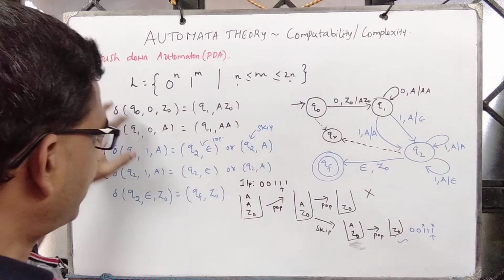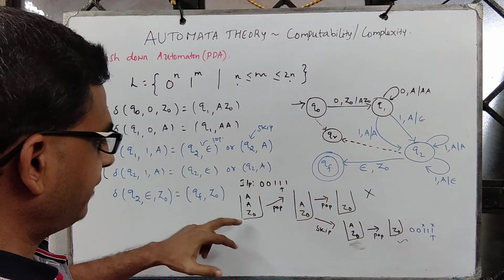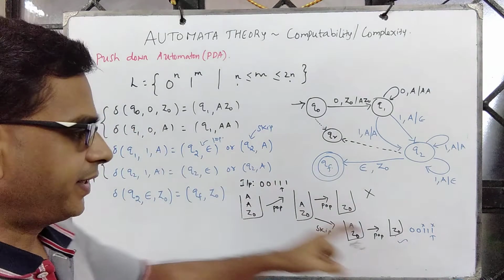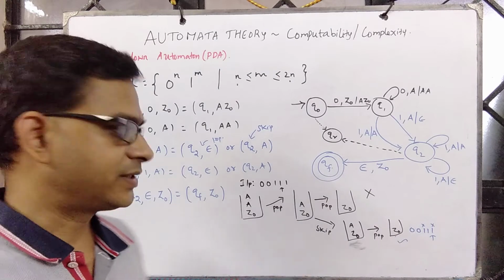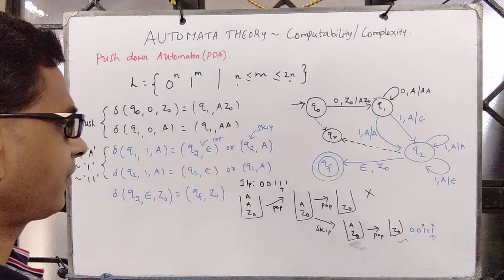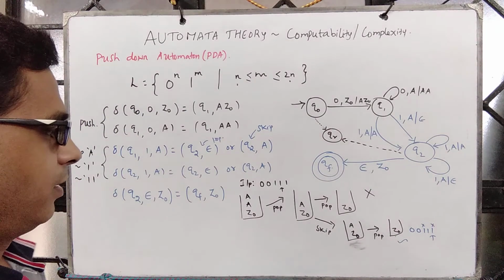So there is at least one sequence of moves starting from Q0 taking me to the final state, and you accept the input.